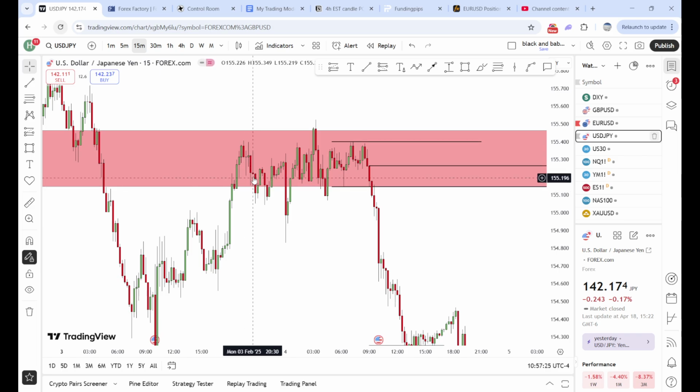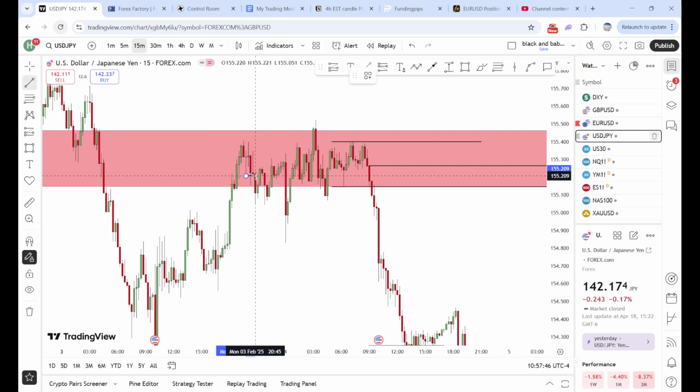Price takes out this one whenever it taps into it. What you want to look at is the very first point of tappage. As soon as price taps into it, where's the most recent 3 candle wick swing low? It's way down here at this swing low. Every time price creates a new one, you just want to keep track of that one.